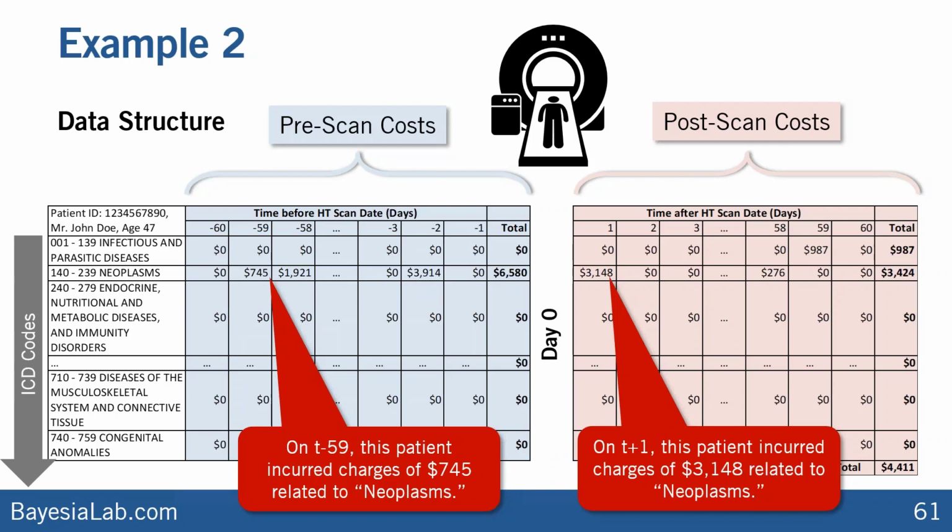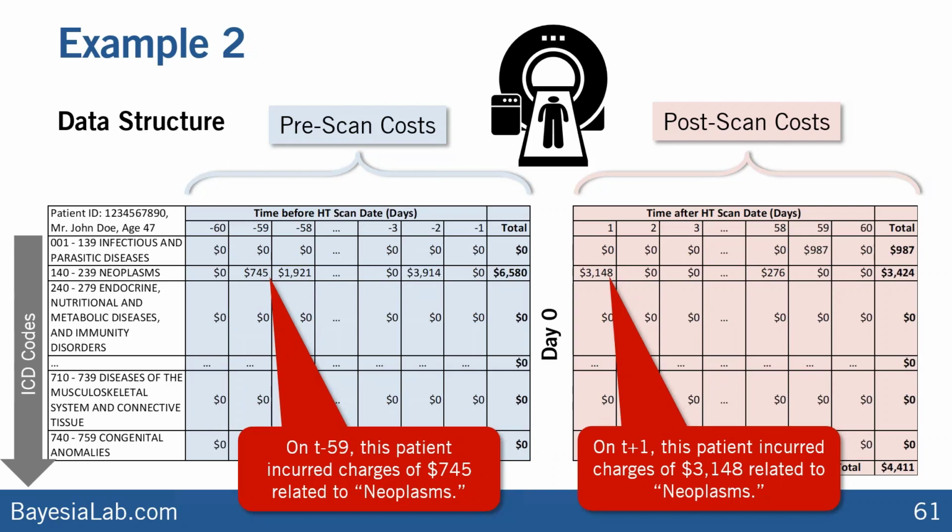We have this recorded in time slices, t minus 60, 59, 58, all the way to day 0, which is when the scan happened. And then in the pink panel to the right, we have recorded all the costs by day after the scan. This extends to an entire year before and after. In fact, we have data for 3 years before and 3 years after.